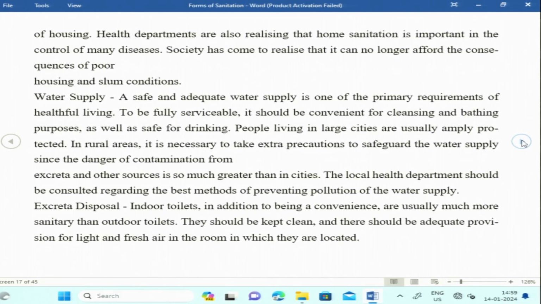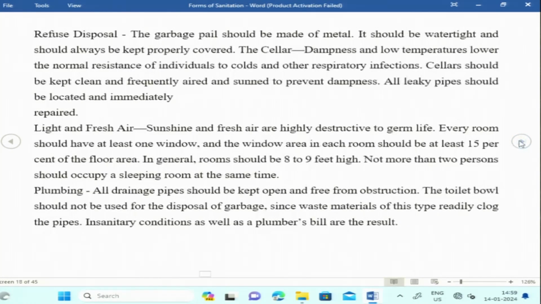And our concern, in order to keep household sanitation clean, is that we have to have effective excreta disposal, and then refuse disposal, which is seen in terms of how to minimize dampness or low temperature, and how watertight arrangements can be made through which refuse disposal can take place.